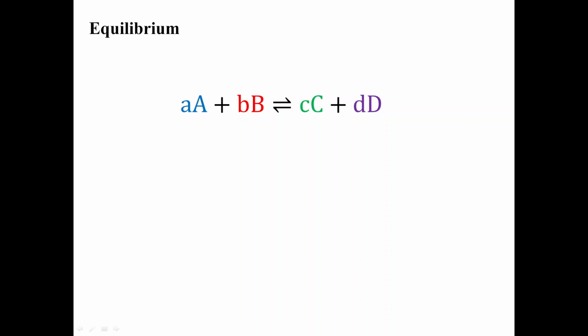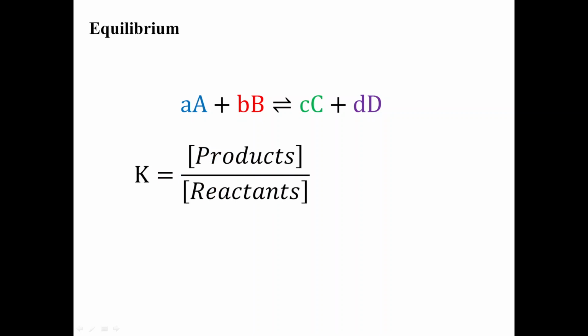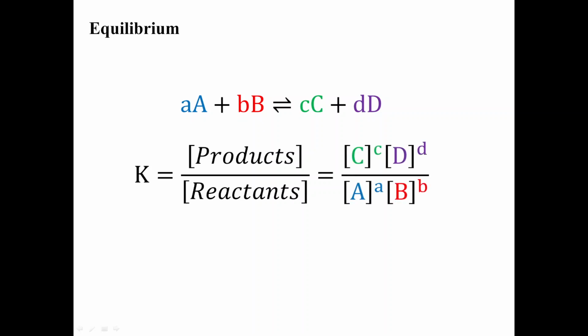And we can say that our equilibrium constant, K, is equal to the concentration of products over the concentration of reactants. Mathematically, that's the concentration of C raised to the coefficient of C times the concentration of D raised to the coefficient of D, divided by the concentration of A raised to the coefficient of A and the concentration of B raised to the coefficient of B.